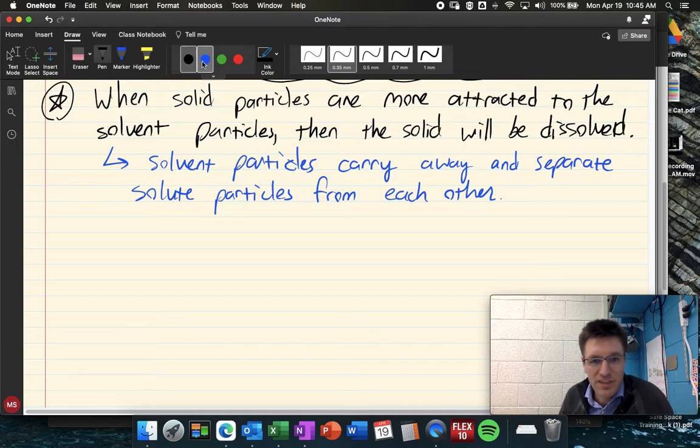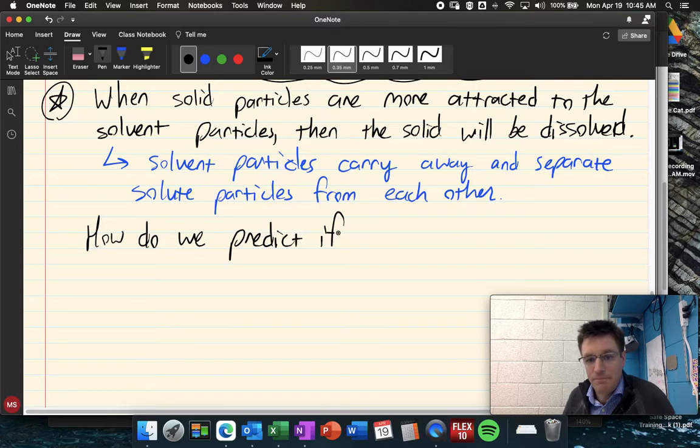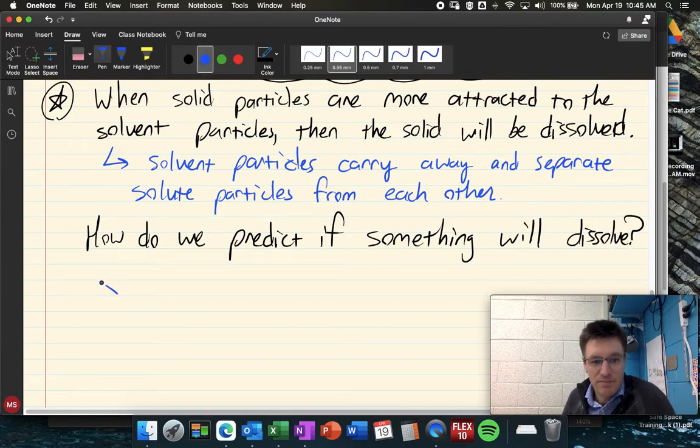So how do we predict it? Let's throw it in the notes. I'll actually write that question out. How do we predict? And the rule is like dissolves like.